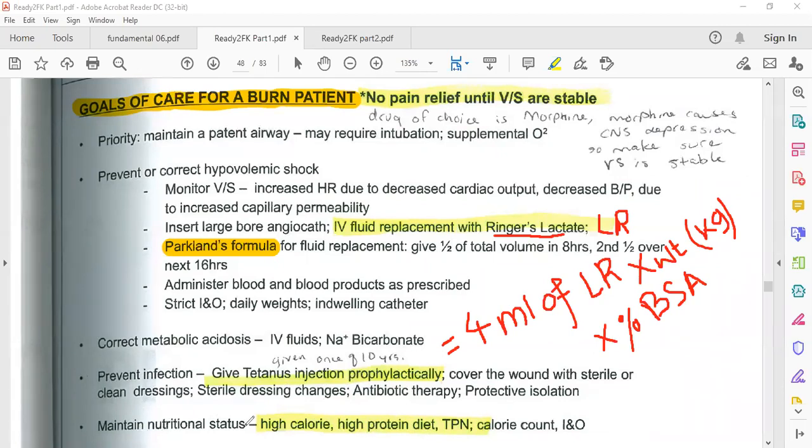What is the best diet for a burn patient? High calorie and high protein. Also, some patients need total parenteral nutrition. We count the calories and keep an input and output chart. It is important for the NCLEX board.